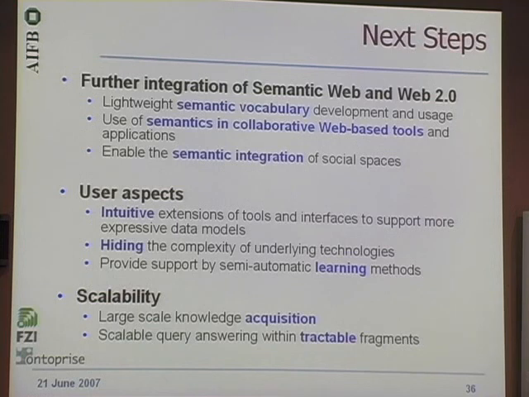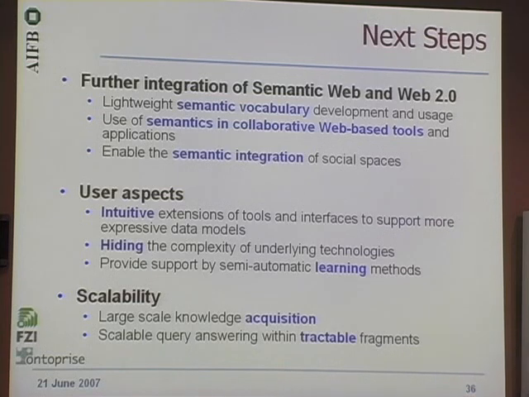So what are topics we are currently investigating in order to improve the kind of solutions we have available currently? Clearly, we are still investigating how to further improve that bridge between the semantic web world on the one hand and these community-based approaches from the Web 2.0 world. And we see rather promising steps by combining, for example, these wiki environments as we have made now available with these ontology engineering environments to come up with a very smooth transition from these very lightweight approaches to these more heavyweight approaches.